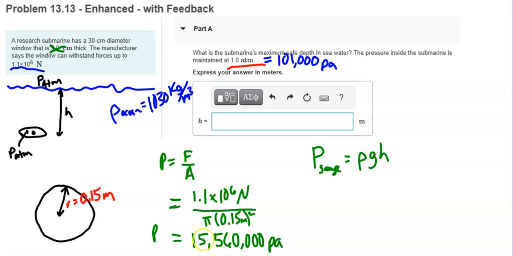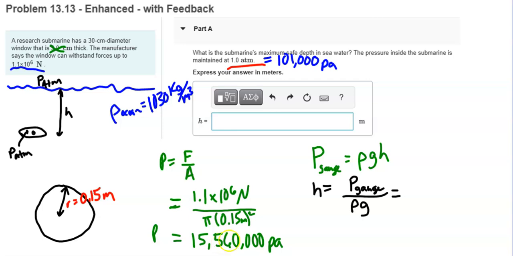So what we're saying here is, hey, we can go up to a maximum of 15,560,000 pascals, and the question is, what depth of fluid can we go in the ocean here? So we're going to rearrange this equation to solve for H. You divide both sides by rho g, and you get H equals our gauge pressure divided by rho g.